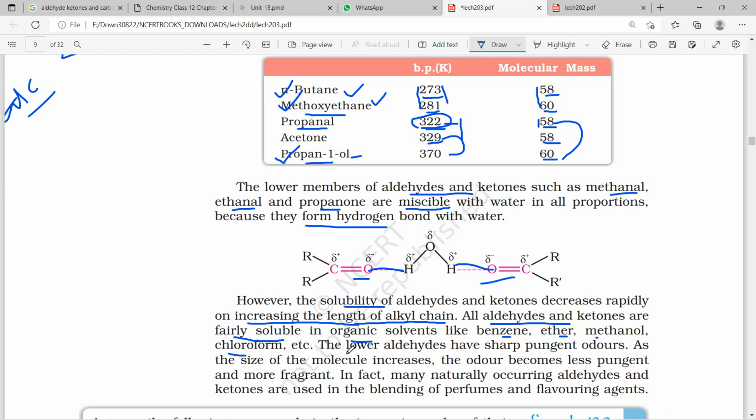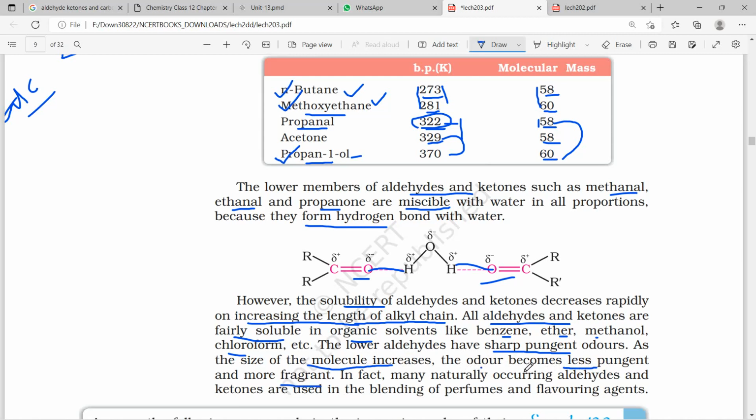The lower aldehydes have sharp and pungent odors. When the size of the molecule increases, the odor becomes less pungent and more fragrant. So both cases are in aldehydes: the pungent smell and the fragrant smell.